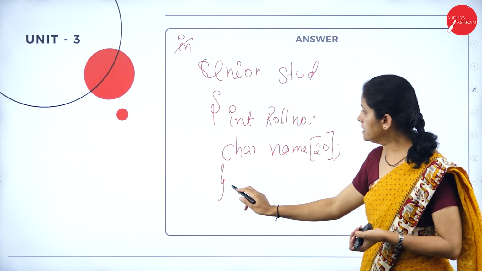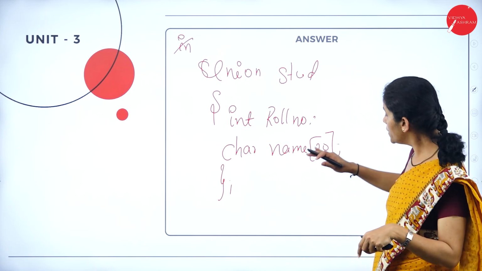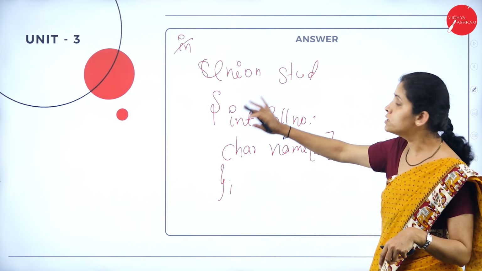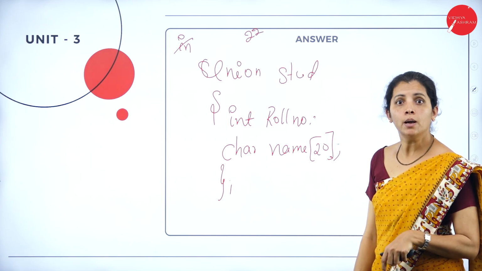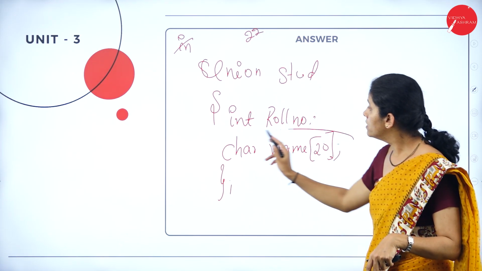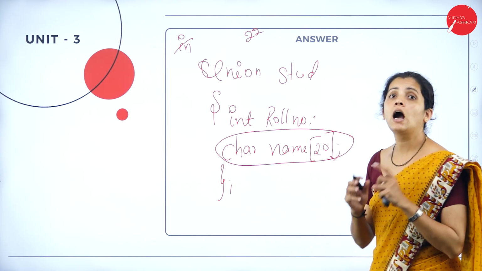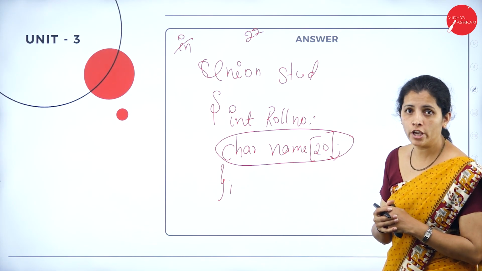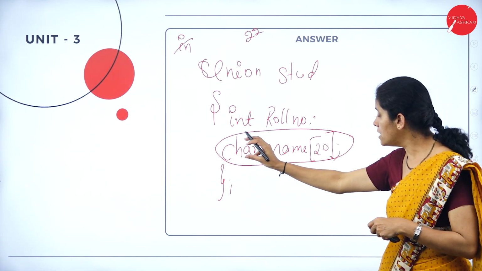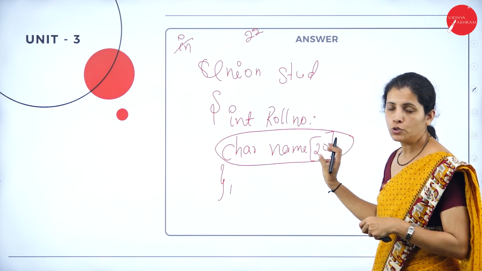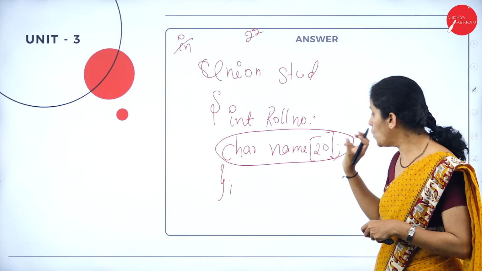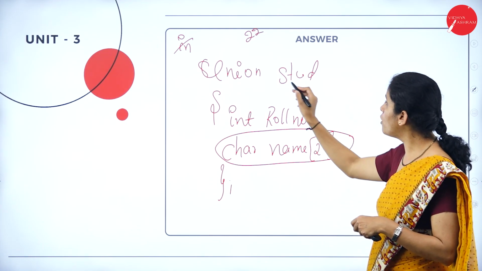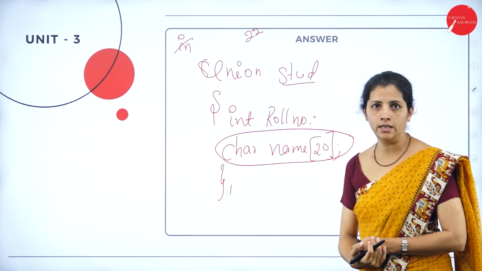Okay, if I consider a structure, in a structure it is 20 plus 2. So the structure holds 22 bytes of memory. But in a union, we consider the highest memory allocation, that is the character array of 20 bytes. So, now the compiler allocates only 20 bytes for this student.